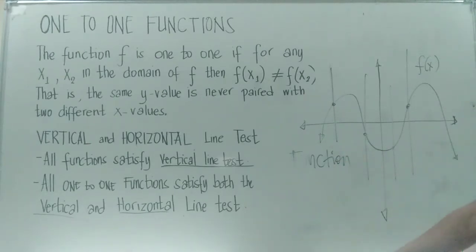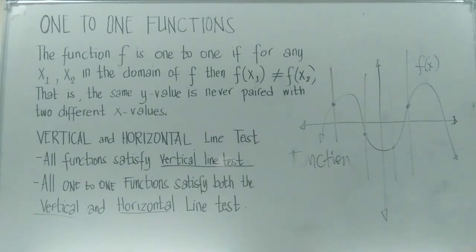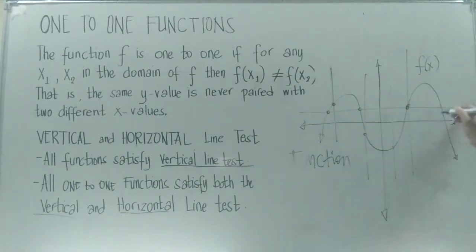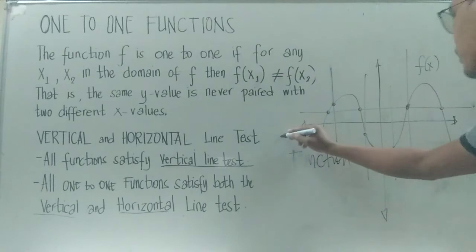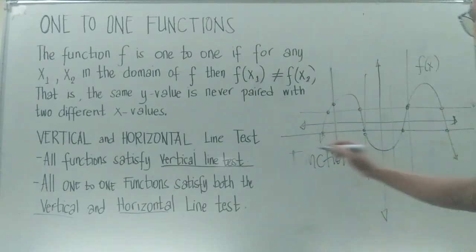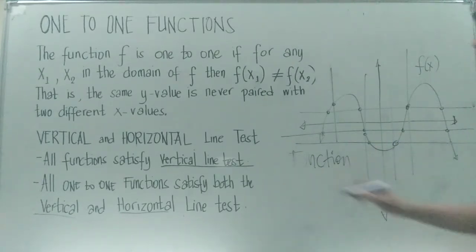Now checking using the horizontal line test. Let's put some horizontal lines in here. We can see 1, 2, 3, 4, we have 4 intersections. In here we have 1, 2, 3, 4. In here we have 1, 2, 3.